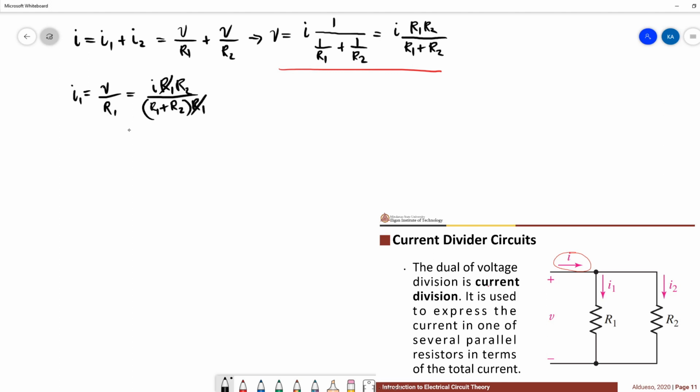So R1 cancels out. We are left with R2 over R1 plus R2 times I. So we can see the current I1 is expressed in terms of the total current I.